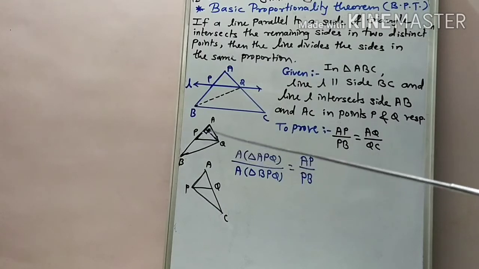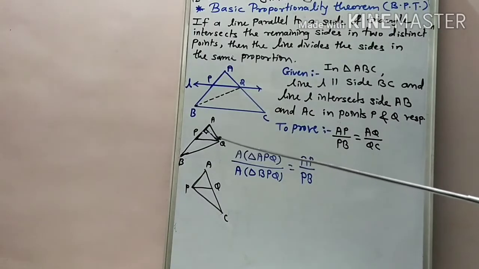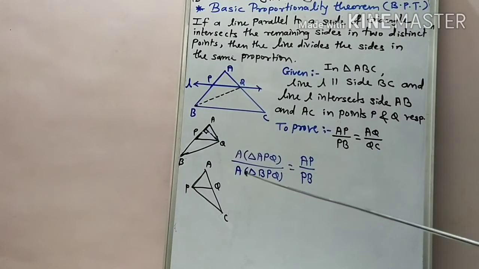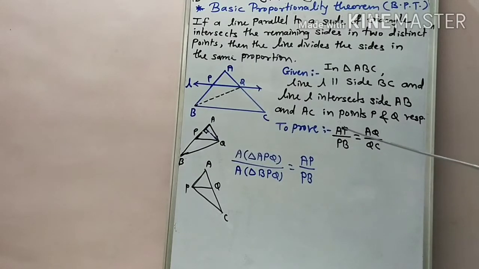Hence, if the heights of the two triangles are the same, then the ratio of the areas of the two triangles equals the ratio of the corresponding bases, and the corresponding bases AP upon PB give us the left hand side.